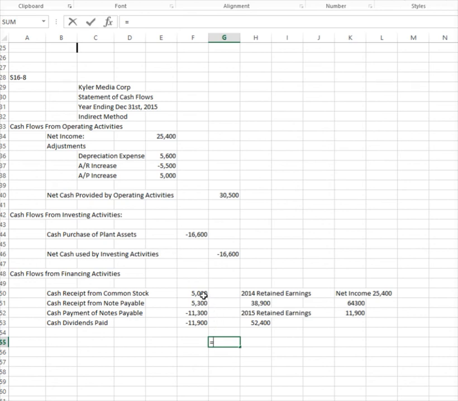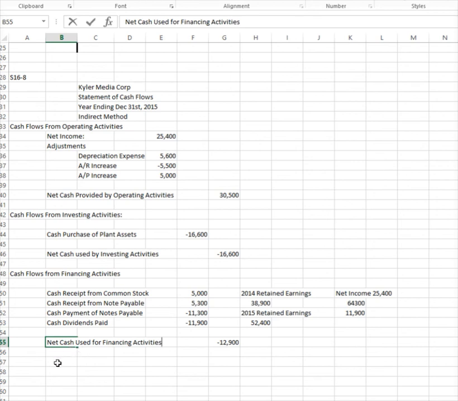I won't use a formula because I don't want to confuse anyone that's not terribly familiar with Excel, but if I just click on the equals button, highlight the cell, put plus sign, highlight the next cell, plus sign, next cell, plus sign, final cell, enter, and I get my net balance here, net cash used for financing activities.